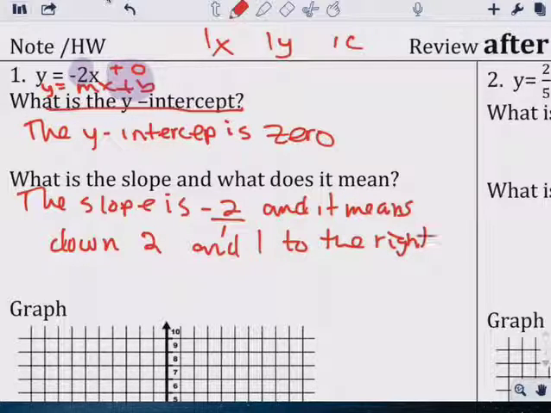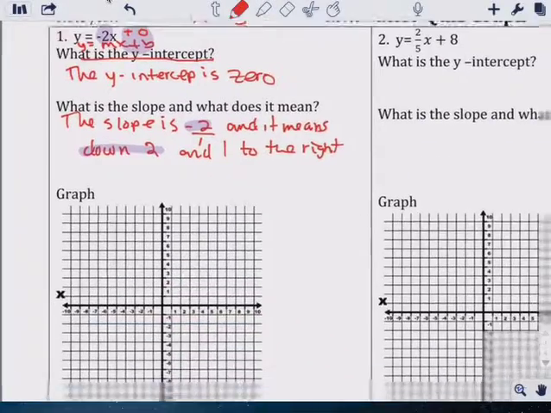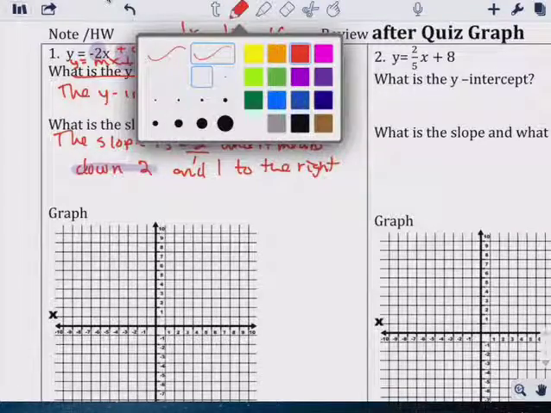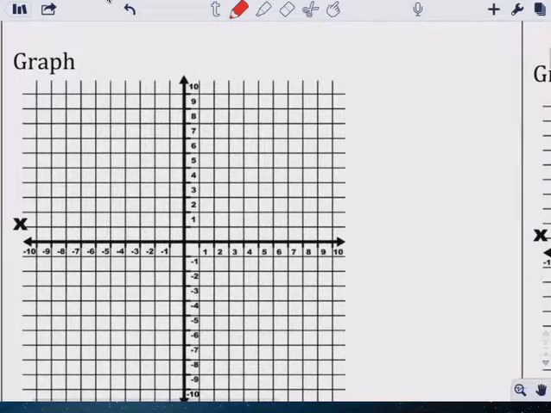The reason why it's down is because it's a negative. Okay? So the y-intercept is at 0. Very important. Your first dot then is at 0.